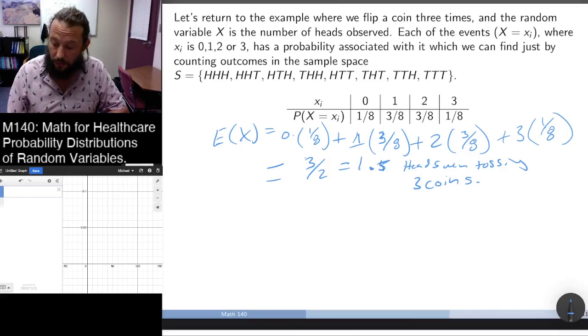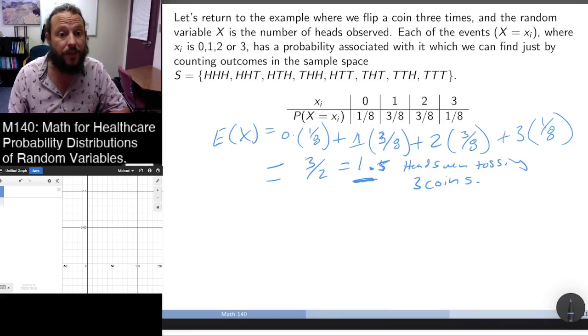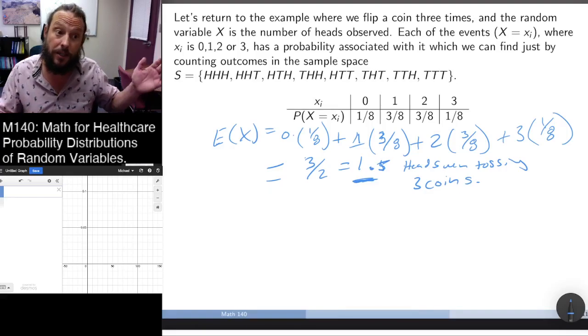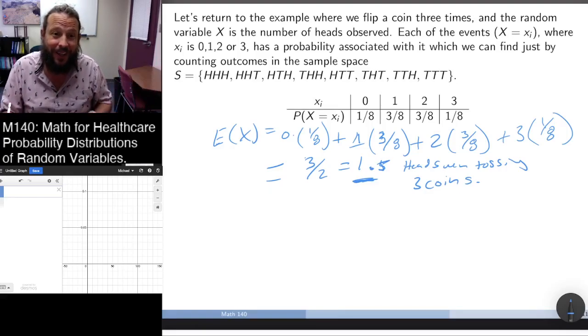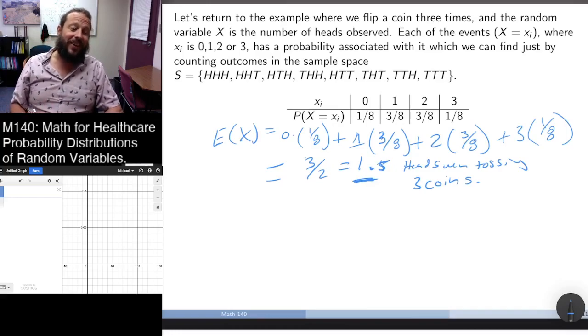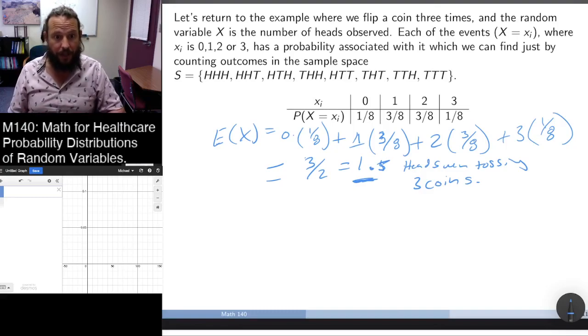So when we say the expected number or the expected value, it's okay if it's not one of the values of x. Certainly it's got to be within the range of x, in this case, greater than or equal to 0 and less than or equal to 3. However, it doesn't have to be one of those integers. And here we would say our expected value is 1.5 heads when tossing 3 coins.